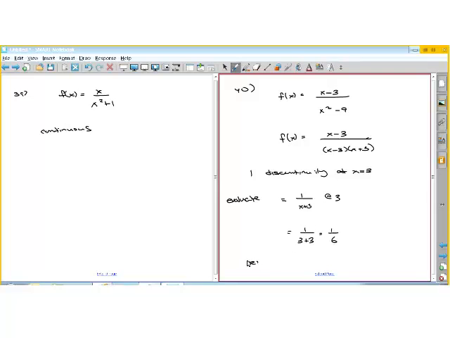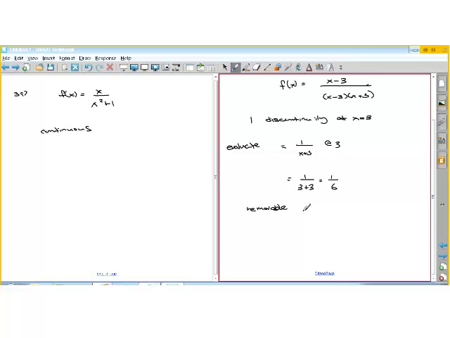Just like before, to remove this discontinuity, so it is removable, we could say another way: for all x except x equals 3, f of x is the original function, x minus 3 over x squared minus 9, and at x equals 3, f of x is equal to 1/6.